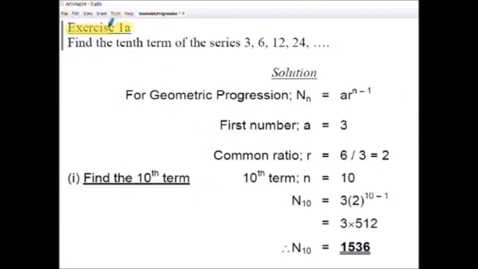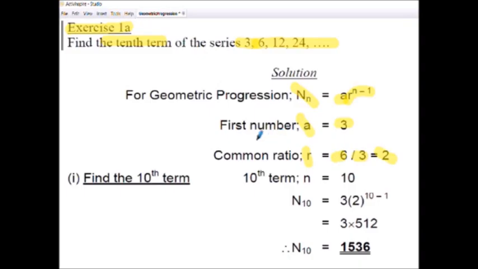Exercise 1A. We're asked to find the 10th term in the series 3, 6, 12, 24, etc. We're going to use the geometric progression formula: n_n is equal to a times r to the n minus 1. From the series we can see the first term a is equal to 3. The common ratio r is equal to the second term divided by the first term, so 6 divided by 3 in this case is equal to 2.